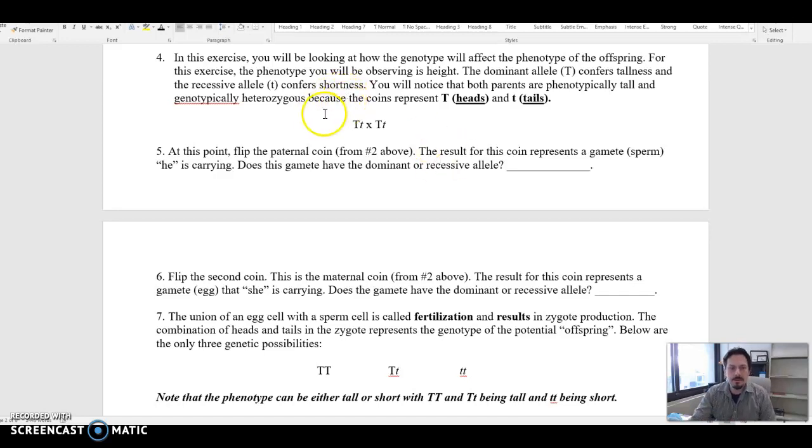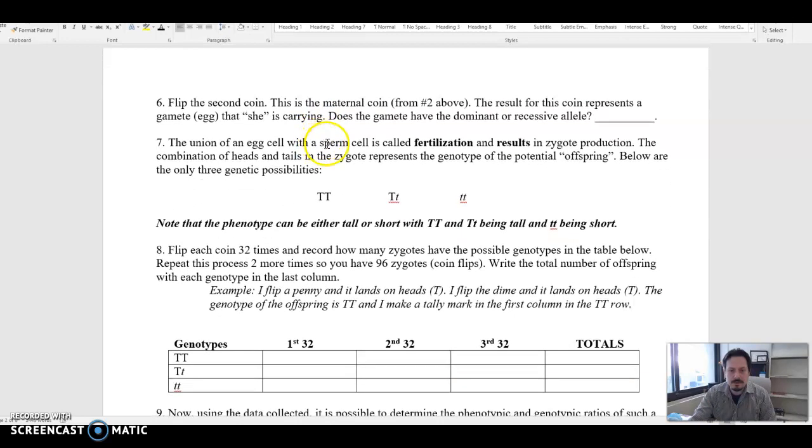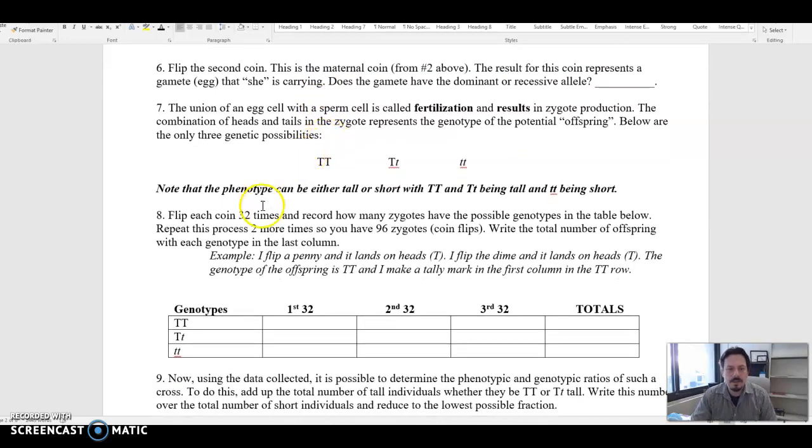So that's represented down here. What you're going to do is flip each coin, or the pairs of coins, 32 times. So I'm going to flip both of them right now. And I got both of them as heads.